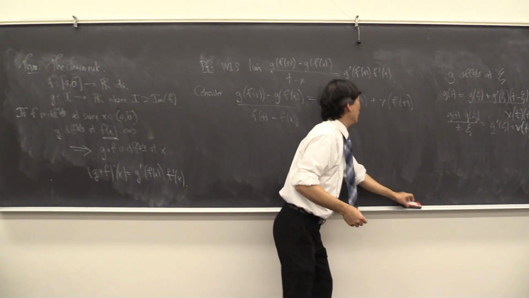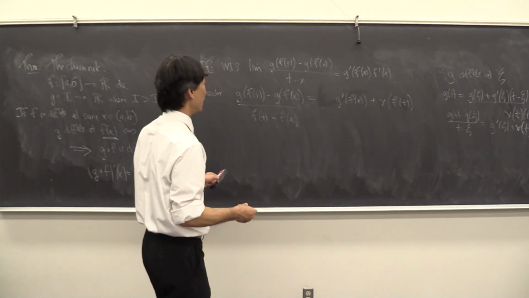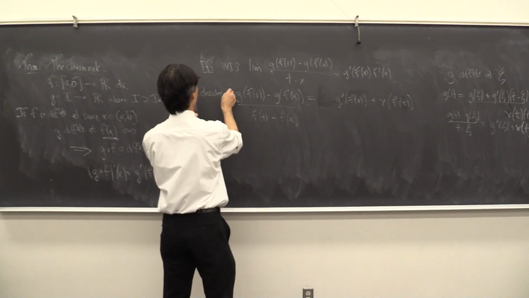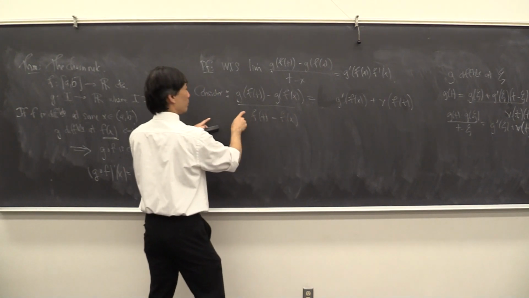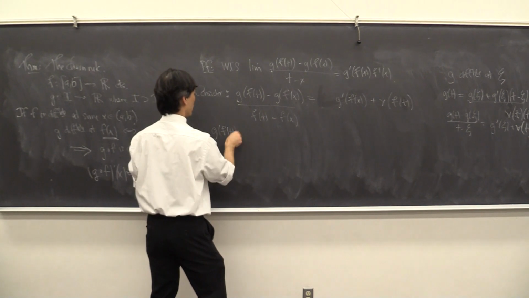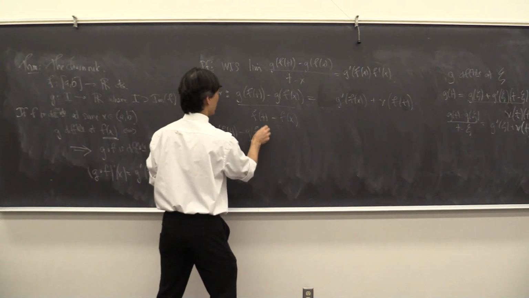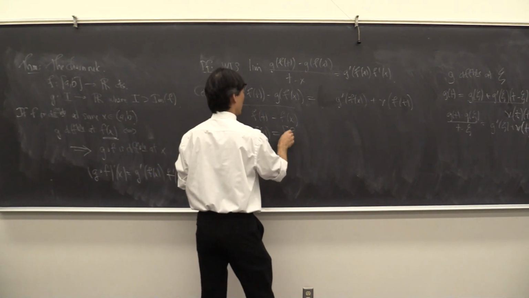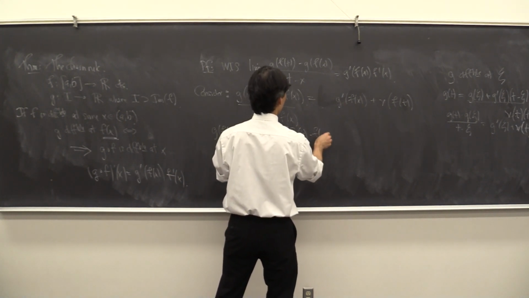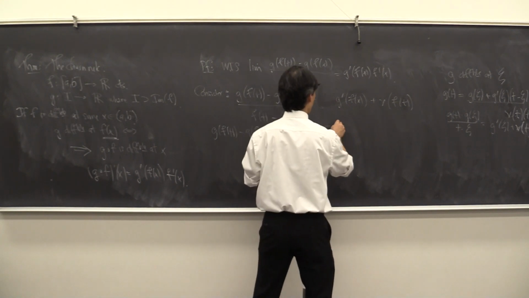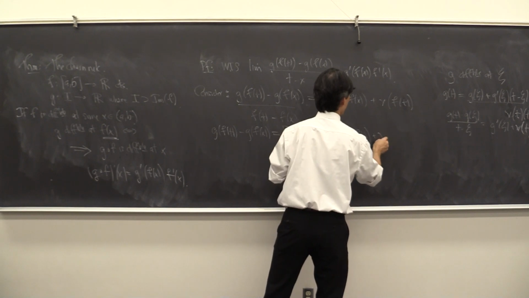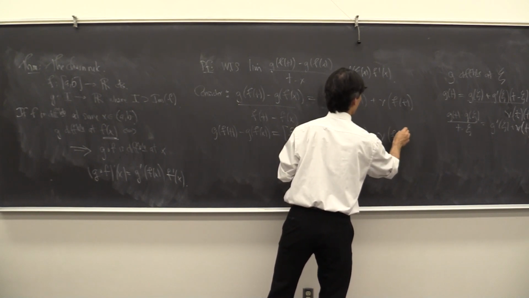Let me move this over to the right hand side. So g of f of t minus g of f of x equals f of t minus f of x times g prime f of x plus nu of f of t.